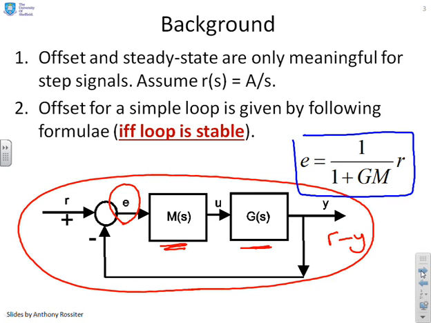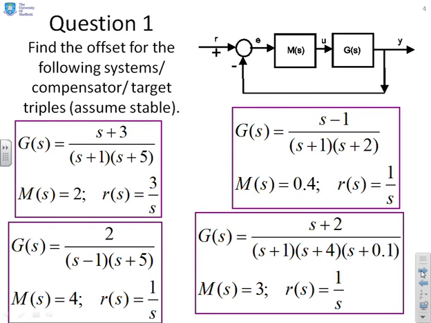Now a little reminder. Above, 1, we're only assuming step type targets, so R is going to be of the form A over S, and 2, you can only define offset, it's only meaningful if the loop itself is stable. If you've got an unstable closed loop, clearly the output will not converge. First questions then.